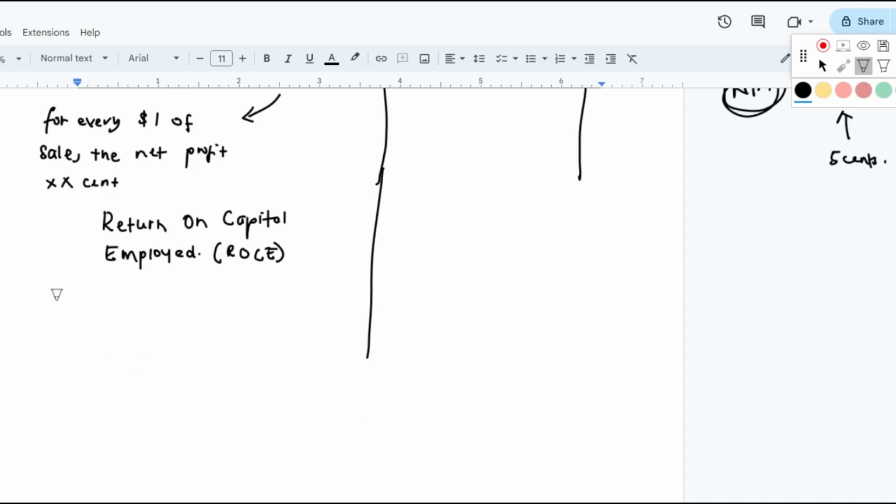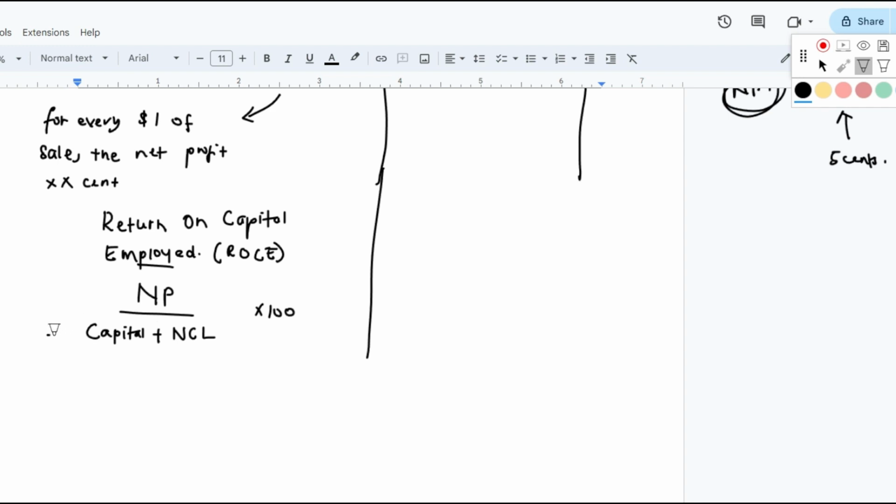Formula for this is net profit over capital, because this is capital employed, right? Plus non-current liabilities times 100. Got it?